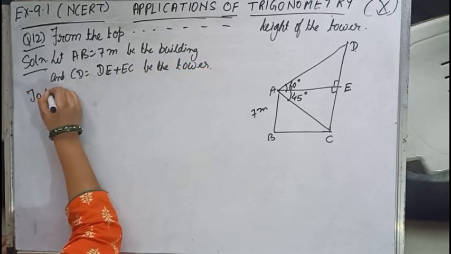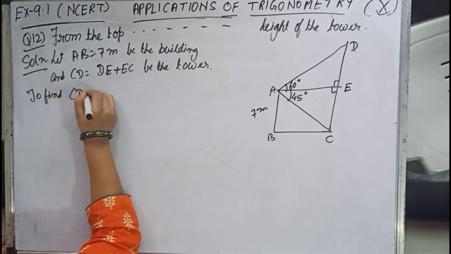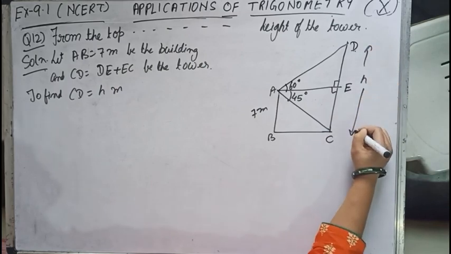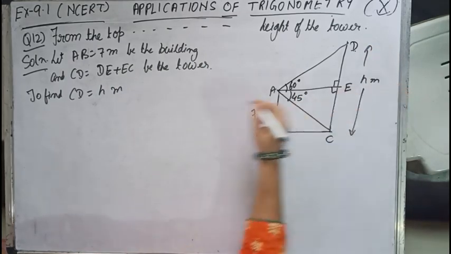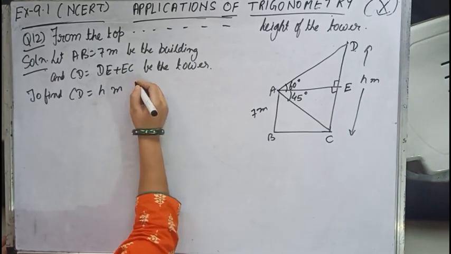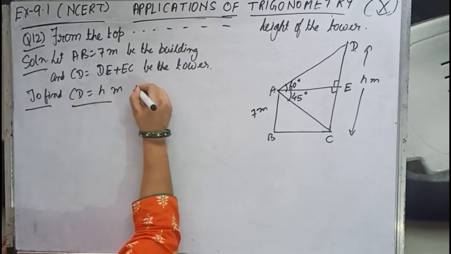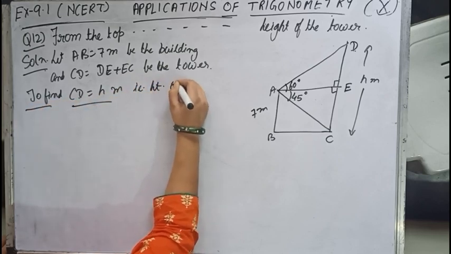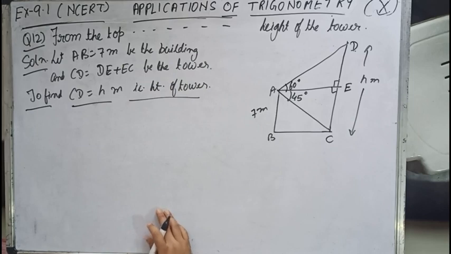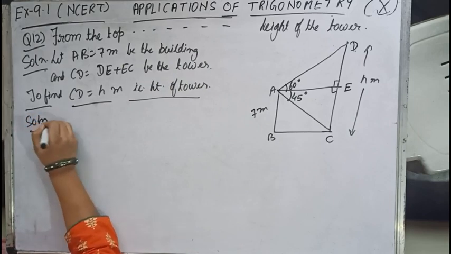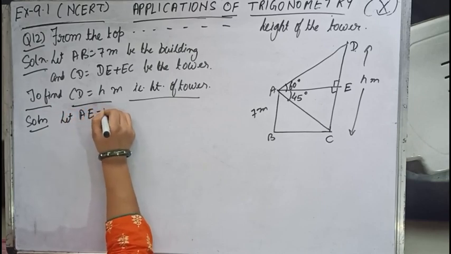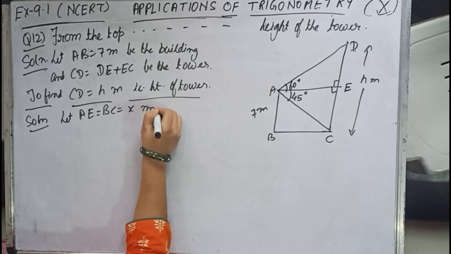To find CD equals H meter, I am supposing it is H meter, that is height of tower. Language of the question, children, you can frame on your own. So solution, let AE equals BC equals X meter.